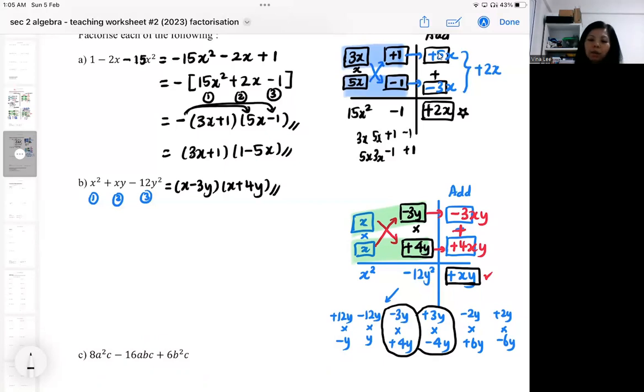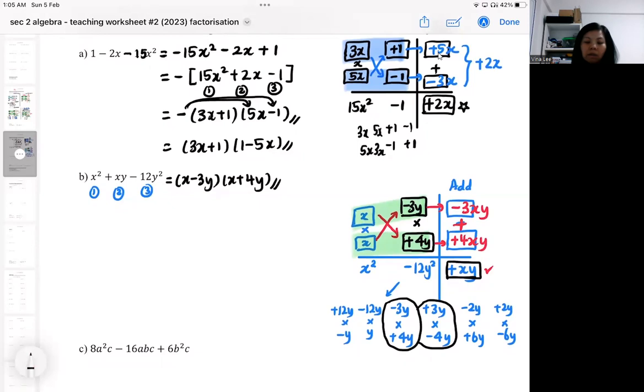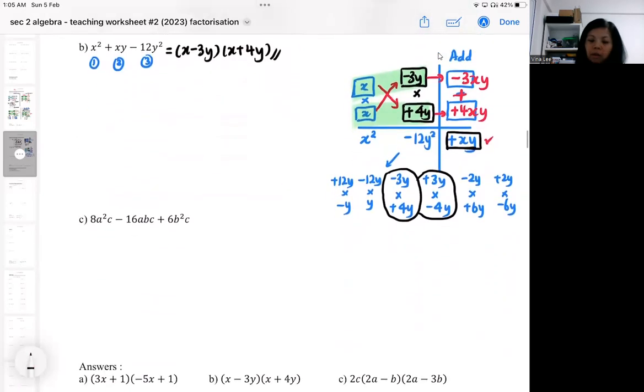So maybe at this point you're thinking, is it really doable to do all this in your head? Yes, it's really doable. If you don't present the working, you give directly the brackets, you will get the answer mark. Okay, the last one is a bit more complex because you see A, B, C, A, B, C. Okay, but if you observe the three terms, there is a common factor that you can take out.